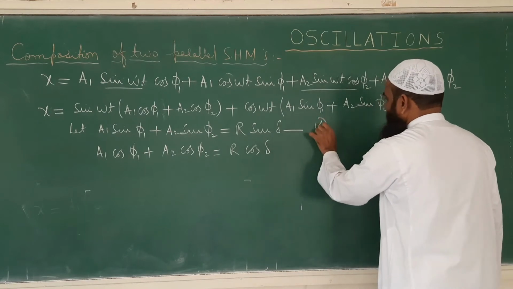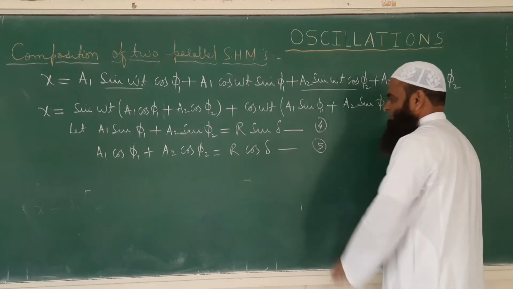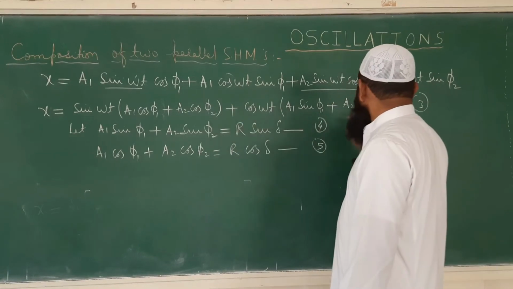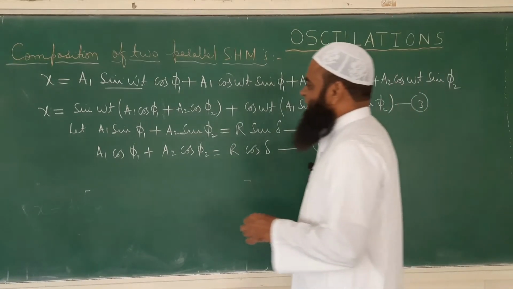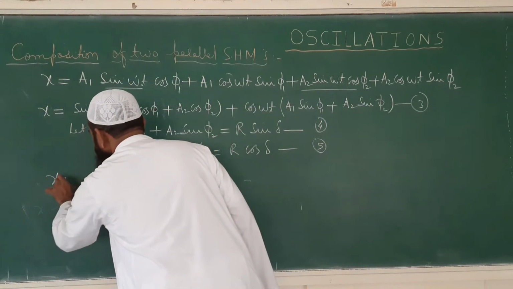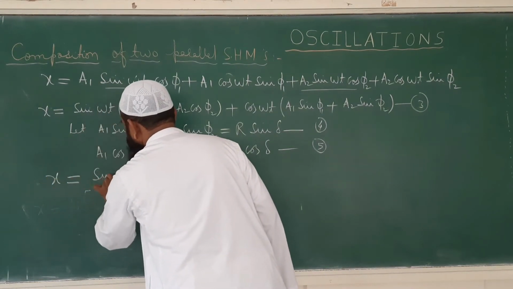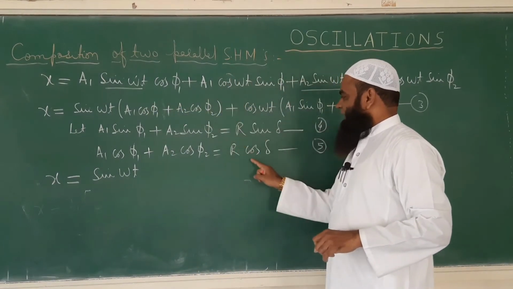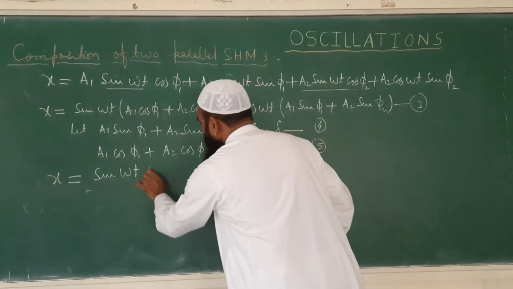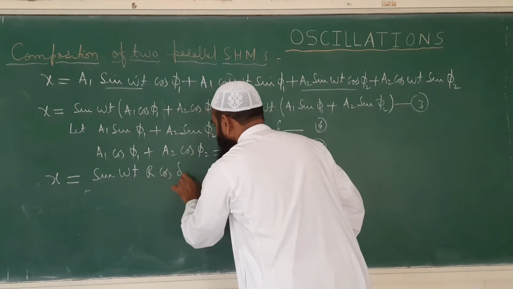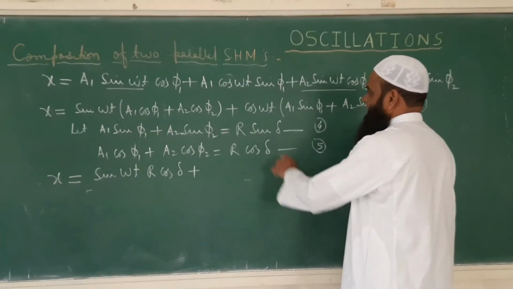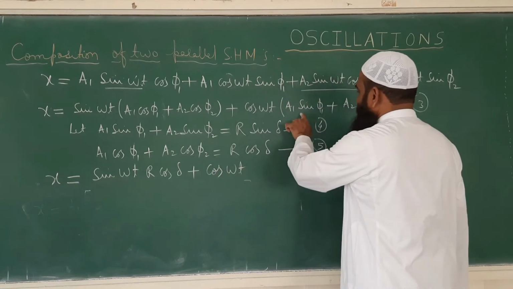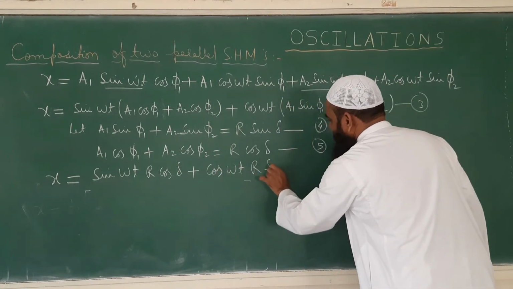These are equations 4 and 5. If we substitute these values in equation 3, then equation 3 will become x is equal to sin omega t, in place of this bracket we can write R cos delta, plus cos omega t, in place of this bracket we can write R sin delta.